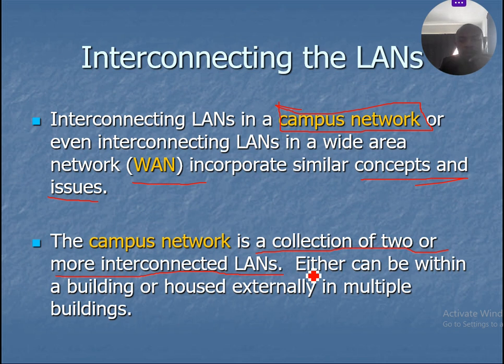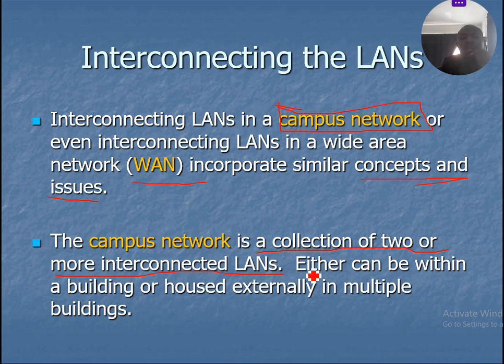Now, it can be within a single building. There are small campuses, like colleges, that are just one building. Especially if you go to private colleges and private universities, you see one big building.